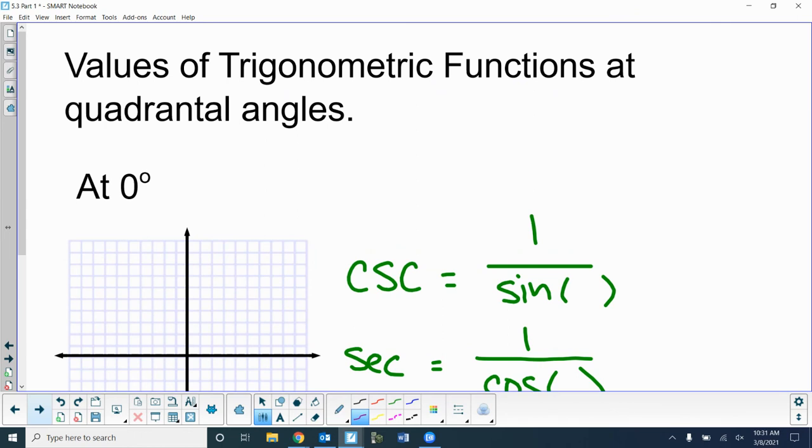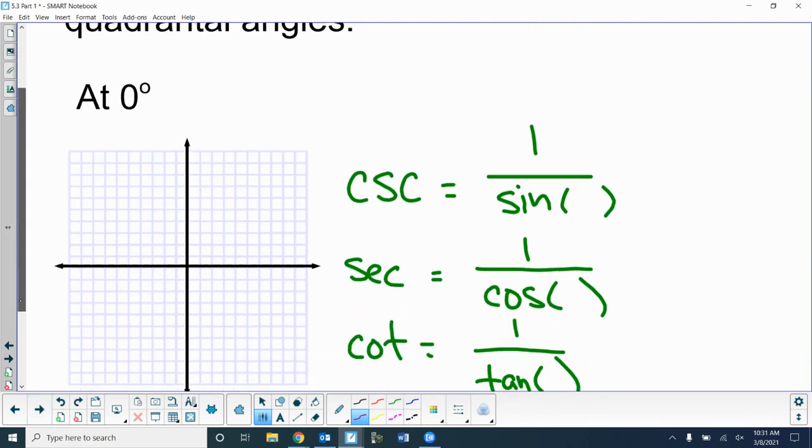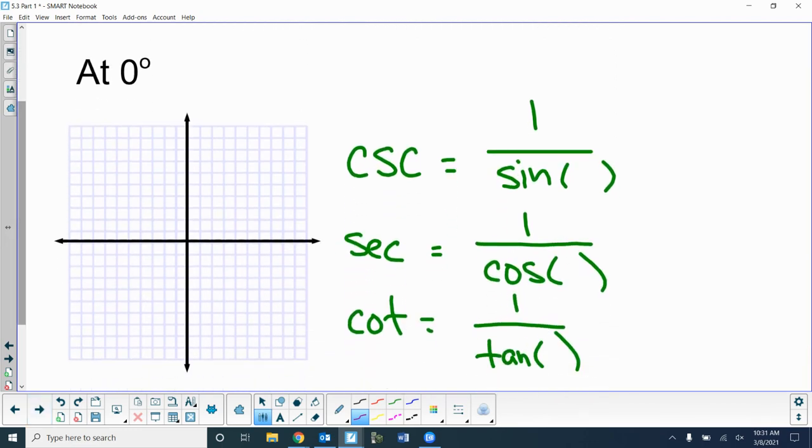Okay, so it says values of the trig functions at quadrantal angles. So they said at 0 degrees. All right, so 0 degrees is right here. It doesn't move. It started and stopped there. 360 is the same thing. So you can pick any spot on this x-axis for a point.